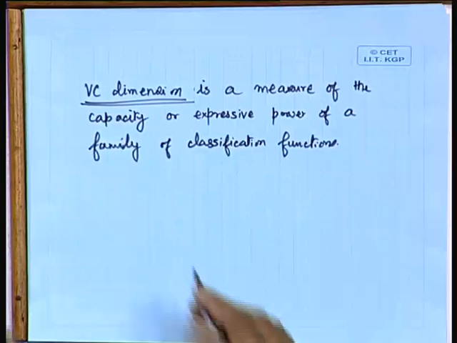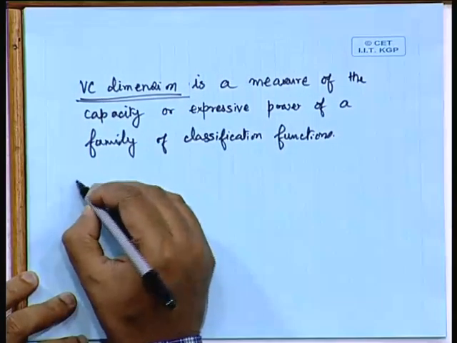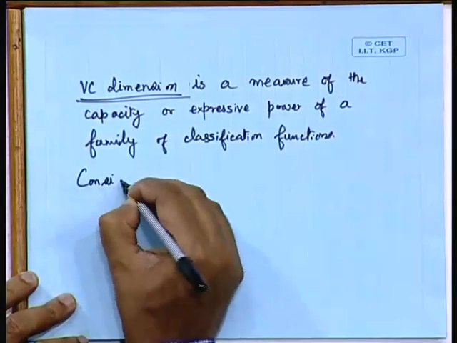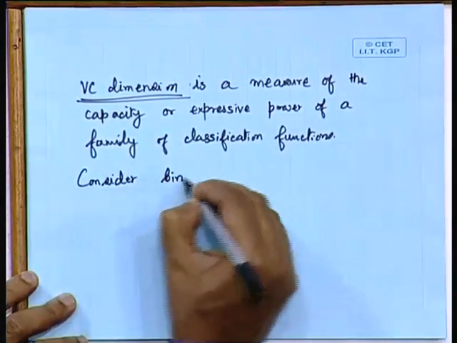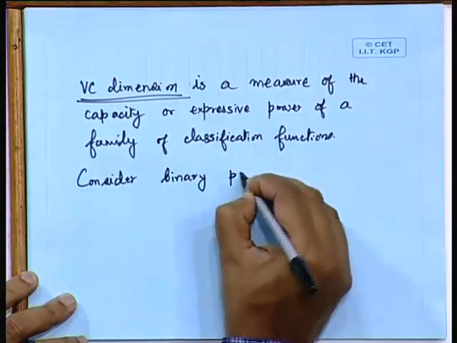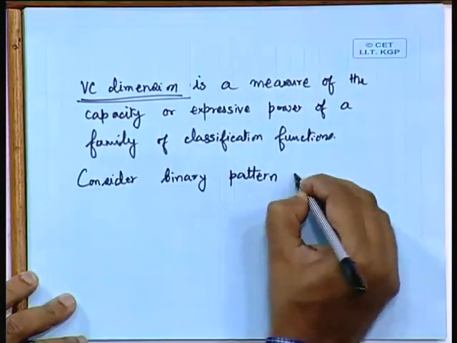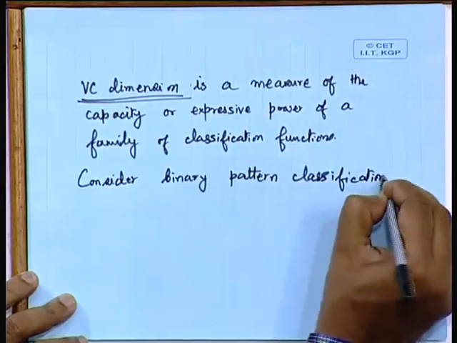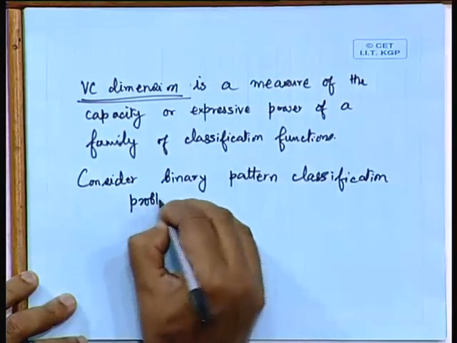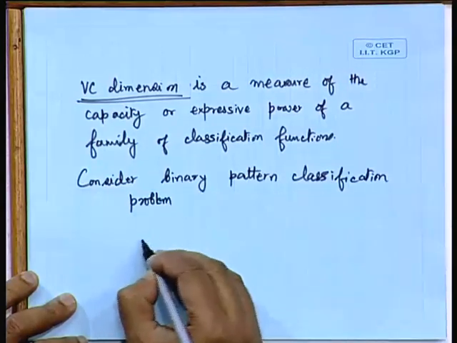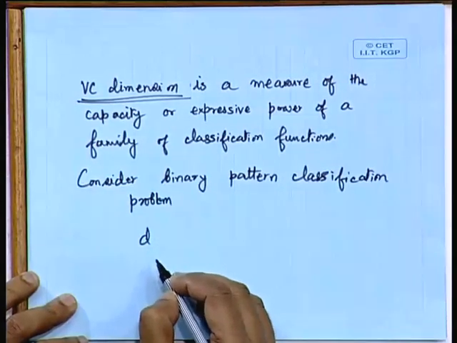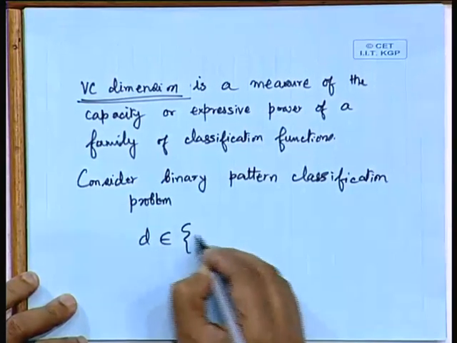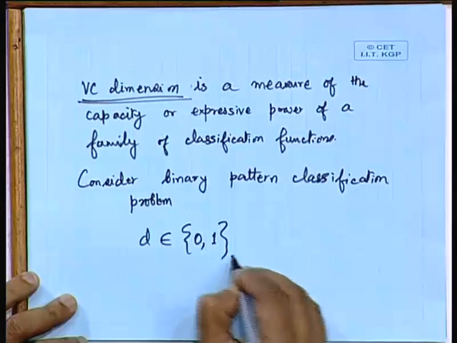Now, let us consider a binary pattern classification problem. There we take that the ultimate decision is a binary decision. So, D belongs to the set {0, 1}.